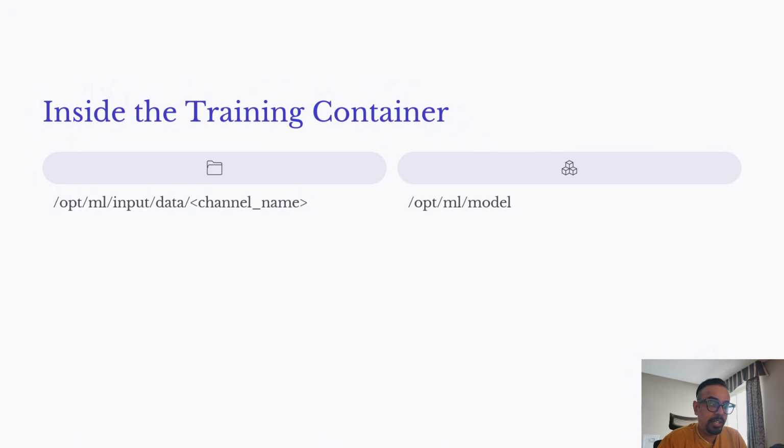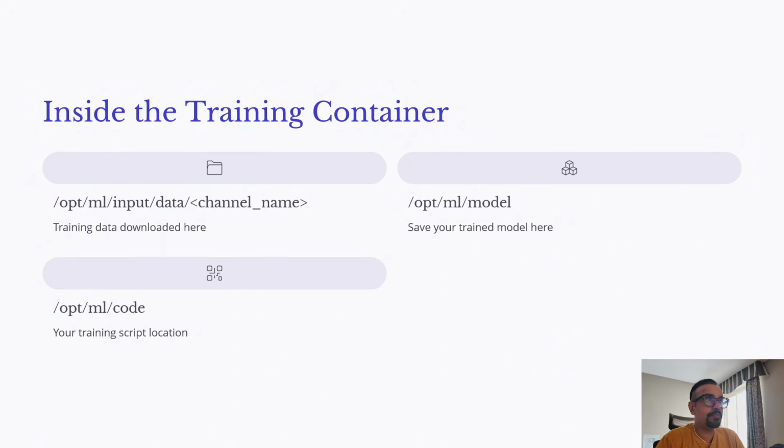Now, the other directory is where you must save your trained model artifacts. Anything you write to this directory gets automatically uploaded to S3 when the training finishes. This typically includes your model weight files, a model architecture definition, any pre-processing objects like scalers or encoders, and a configuration file with hyperparameters.